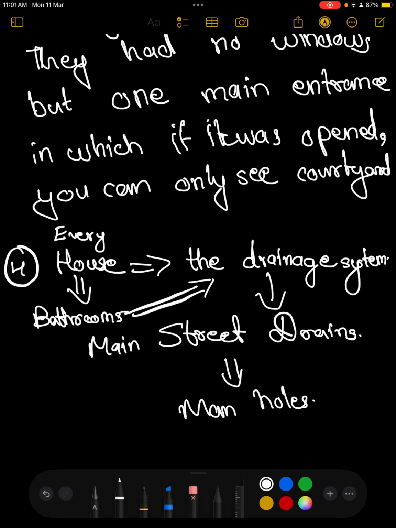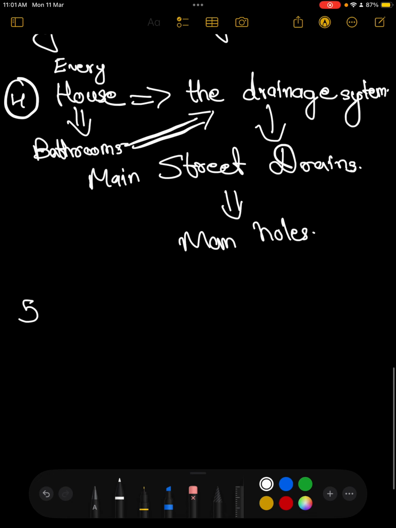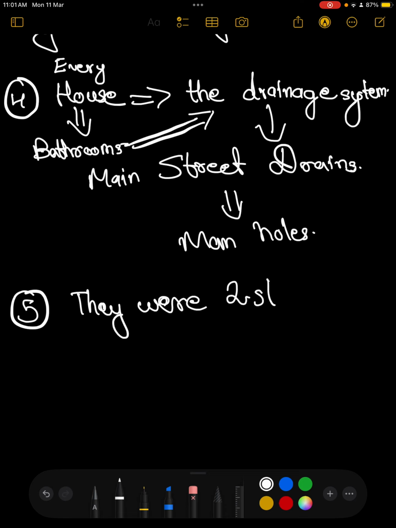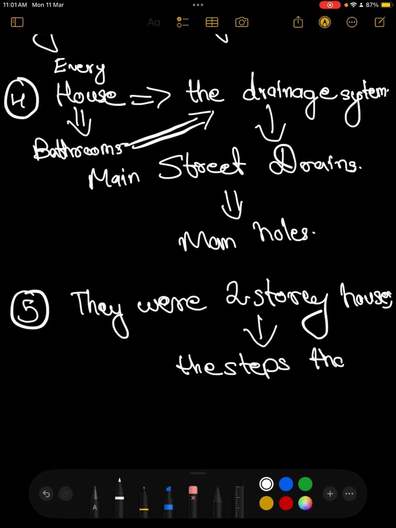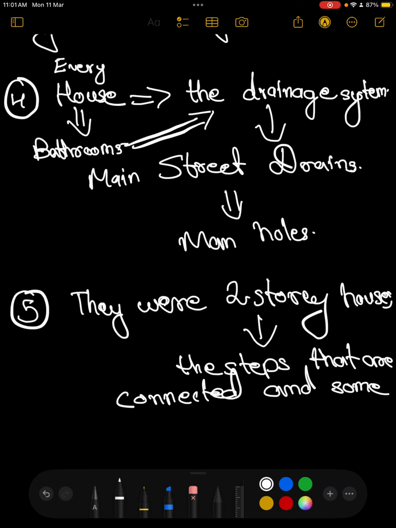The other feature about these houses is that they were 2-story houses. And how is this indicated? This is indicated through the steps that are connected to the roof, and some remains of bricks.